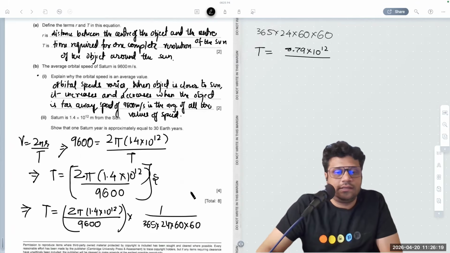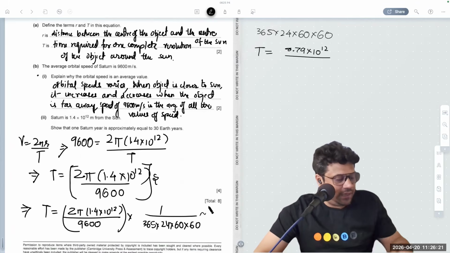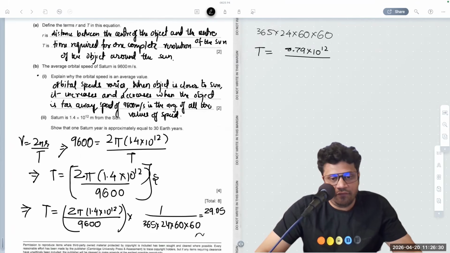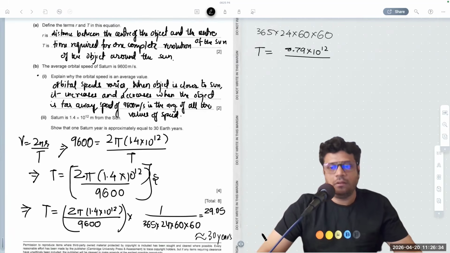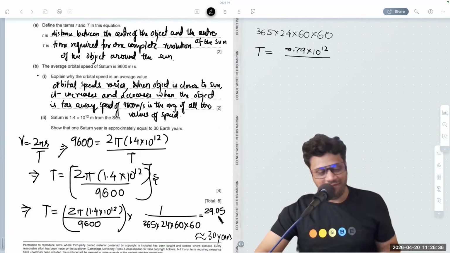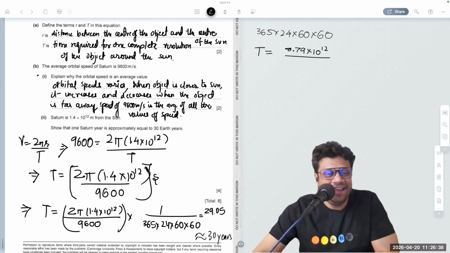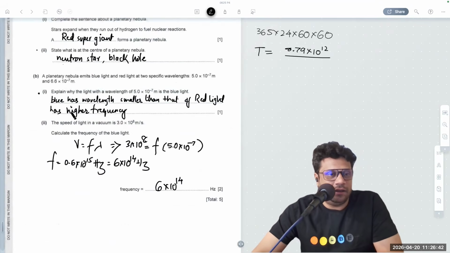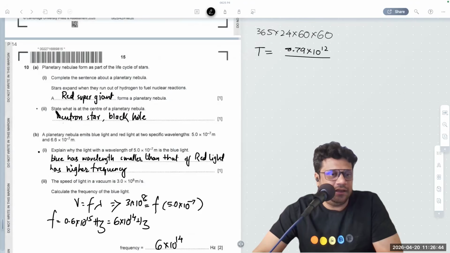It comes out to be, yes, equal to 29.05, and roughly 30 years. Okay, so I've got 8 minutes left. I'm a little doubtful about this one and this one, but I saw it on my checklist.